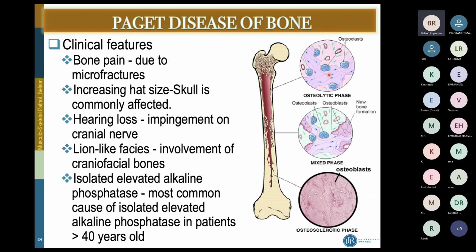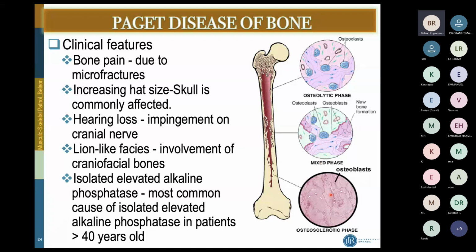So in the osteolytic phase, you can see how the bone will be. We have too much osteoclast activity, and you see that the compact bone here is decreased. It's as if the whole bone is spongy bone, as you can see.